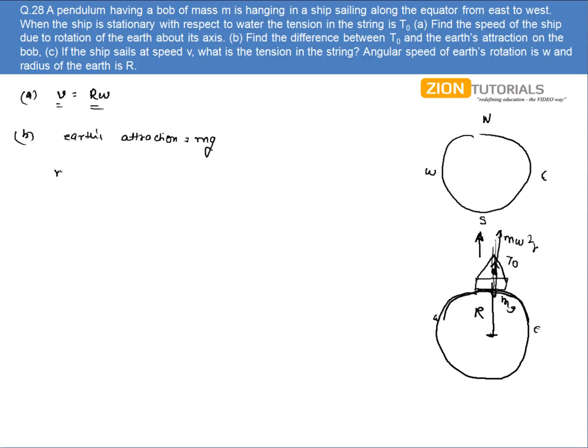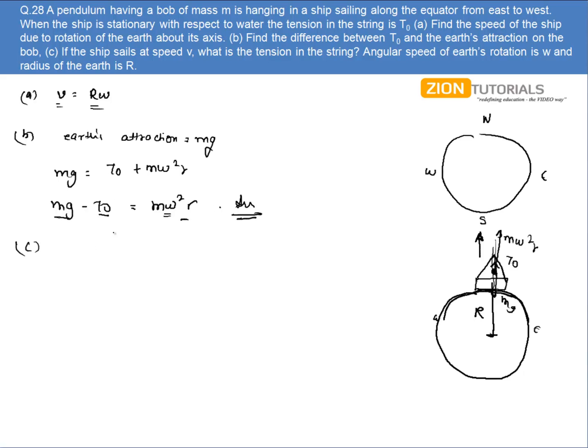So I can write mg is equal to T naught plus m omega square r, and I have to calculate the difference between T naught and the earth attraction, that is mg minus T naught. Earth attraction and tension differ by m omega square r, where omega is the rotation of the earth and r is the radius of the earth. So that is the answer.